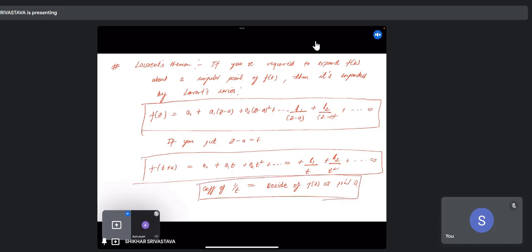Basically what I'm trying to say is, suppose you are given some function and you want to find the order of the pole, then how can you do it using Laurent series expansion?